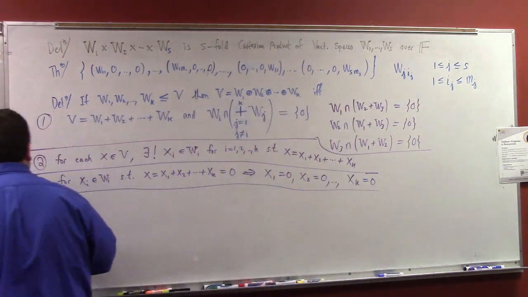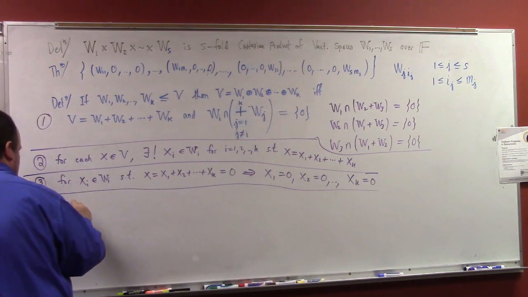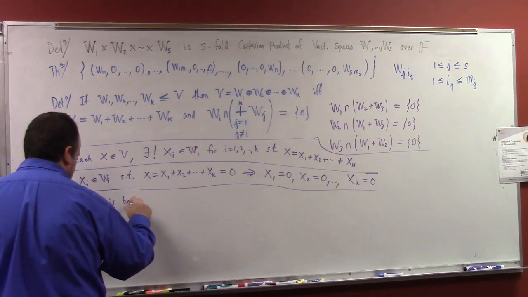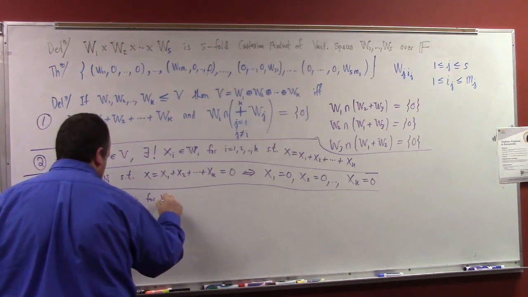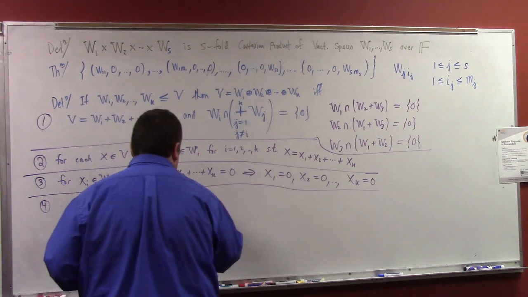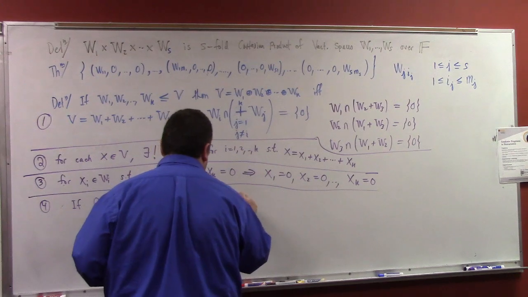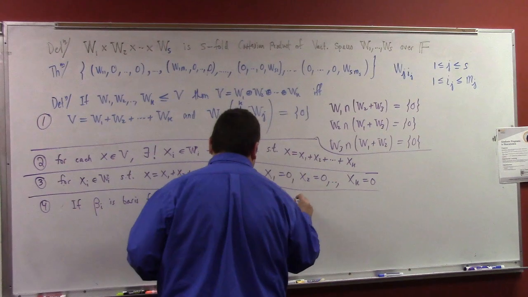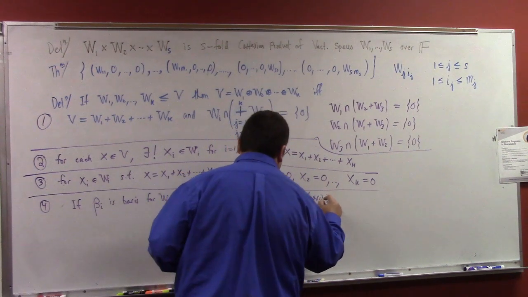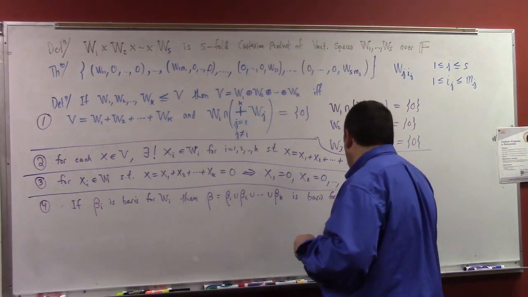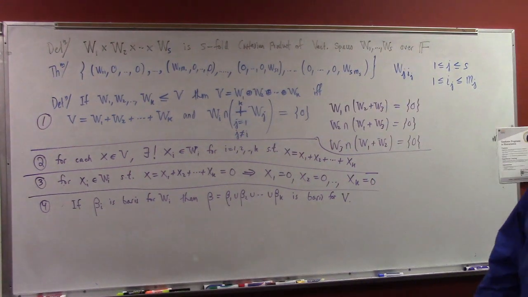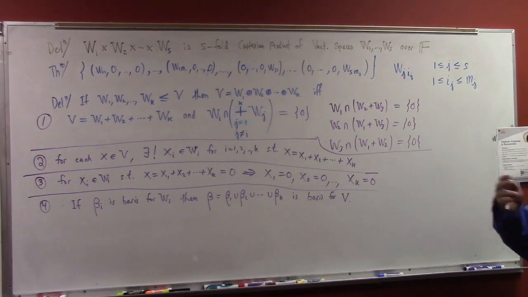Another equivalent characterization is that if beta_i is a basis for W_i, then beta equals beta_1 union beta_2 union ... union beta_k is a basis for V. So they're independent subspaces if you can take a basis for each subspace and then union those all together and you get a basis for the whole space.